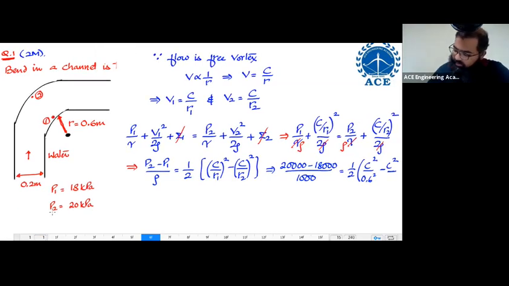C square upon, what is the radius of this particular point? This is going to be equal to 0.8 square. From here, you can get the value of C. Please obtain the value of C for me from here.